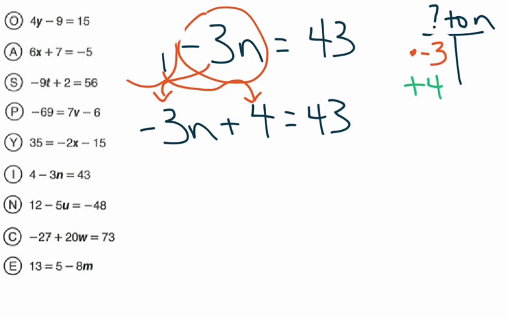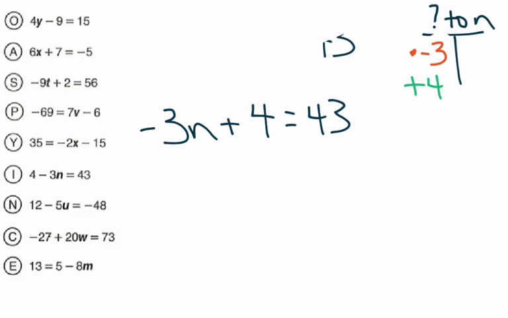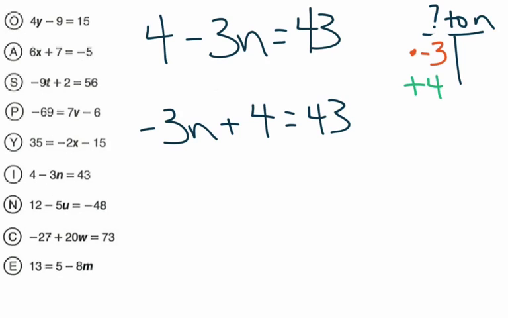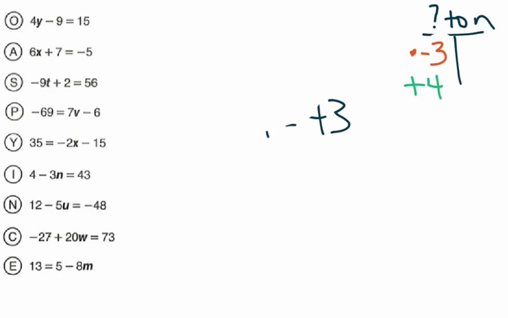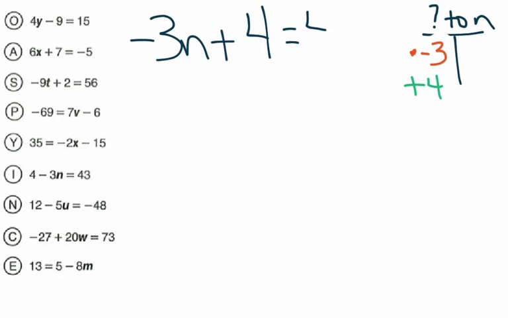So anytime that you get confused, you can always rewrite the problem and see if it helps you see something that you didn't see before. Both of these are the same thing. We're going to use the second one just because it's easier to deal with, and we'll solve it from the second one. So I'm just going to erase the first one, and I'll rewrite it a little bit higher. So negative 3n plus 4 equals 43.